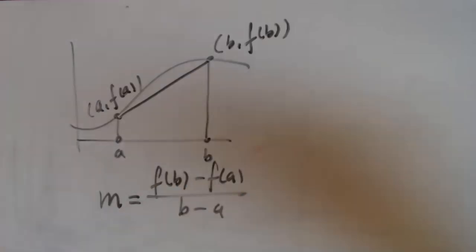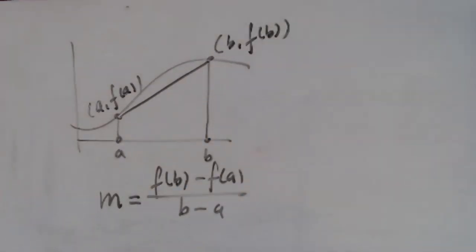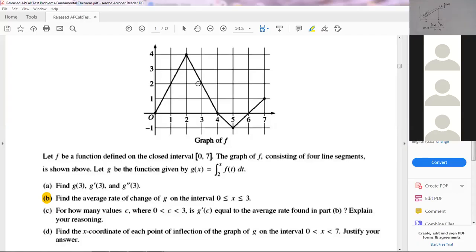Now I'm going to move to my screen here. So it's right here and right here between 0 and 3. So I need the slope between these 2 points. Okay, let me just see. So what slope is this one?